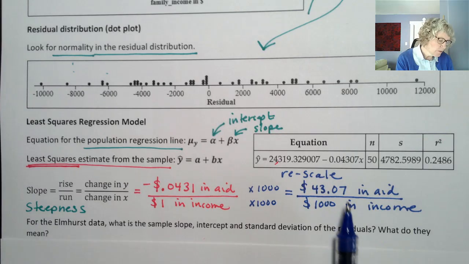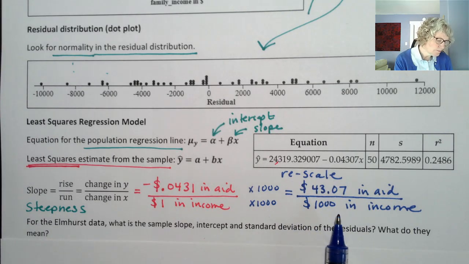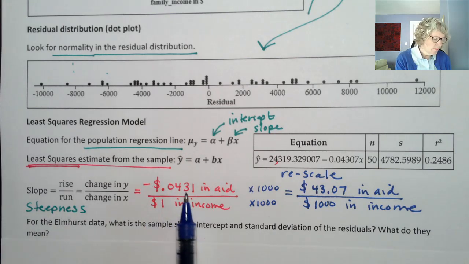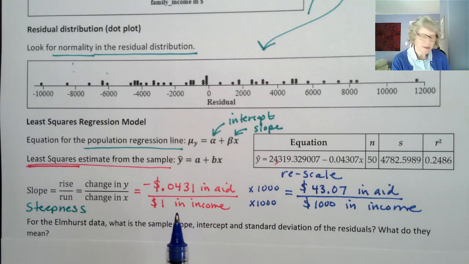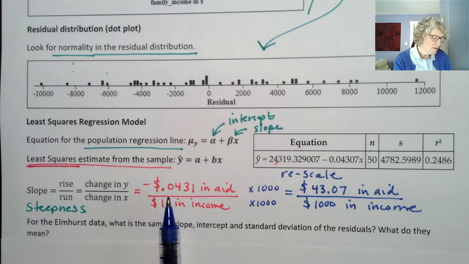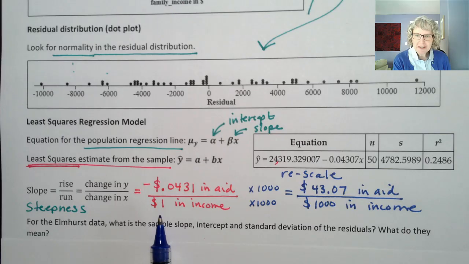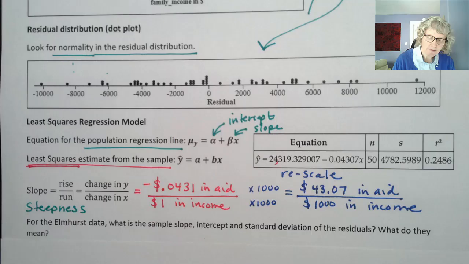To me, I think it makes more sense to talk about the thousands, because everything in statistics is an estimate, so it's not exactly 4 cents less aid for every $1 in income. I think 1,000 gives us a little more sense that it's an estimate.